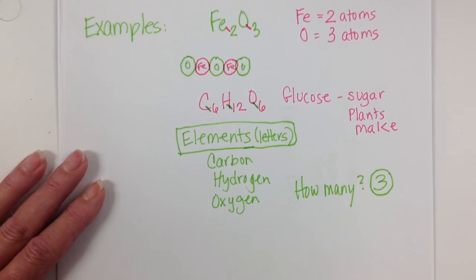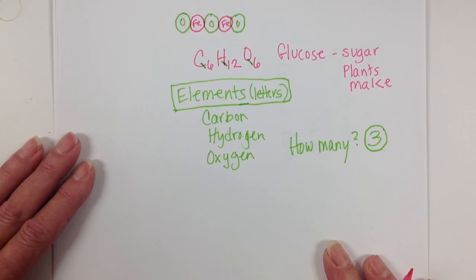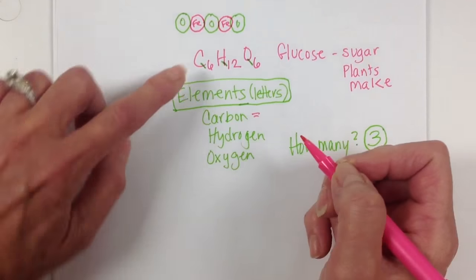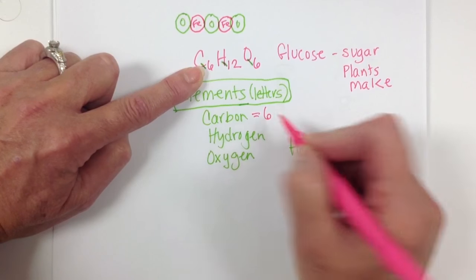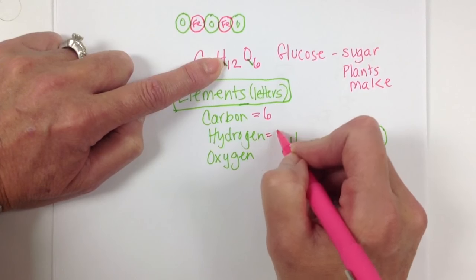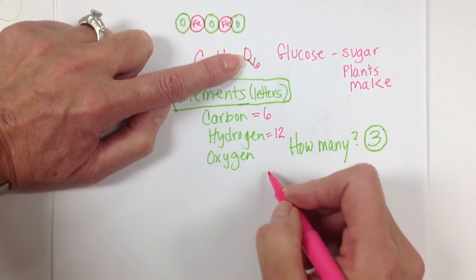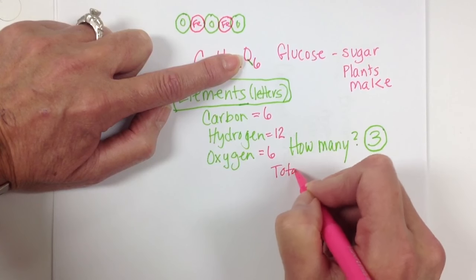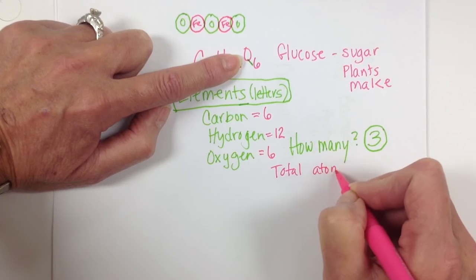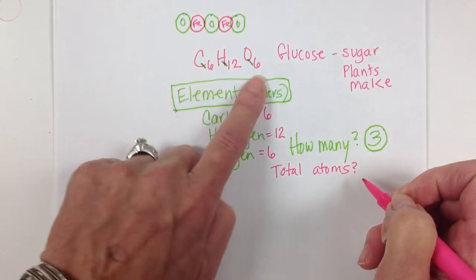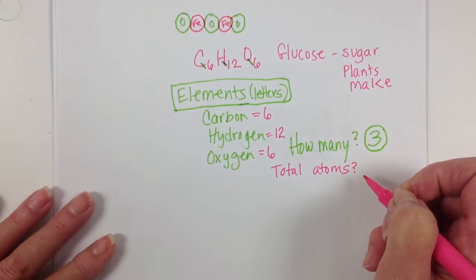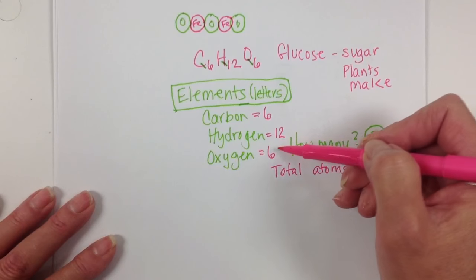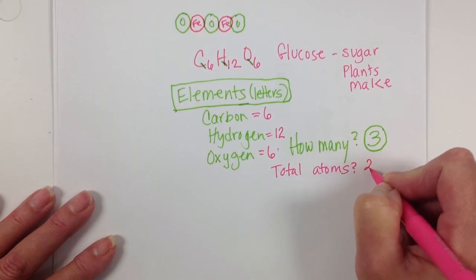All right, well, how many atoms of each do we have? Well, we have carbon is equal to 6. How many hydrogens do we have? We have 12. And how many oxygens do we have? 6. Well, how many total atoms are in this compound or molecule? Well, let's count them up. 6 and 6 is 12. 12 and 12 is 24.